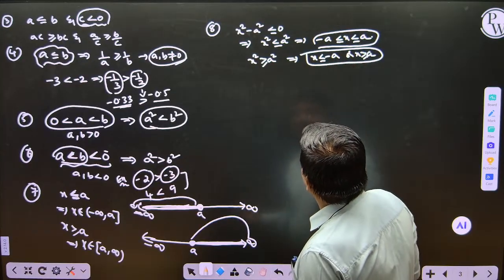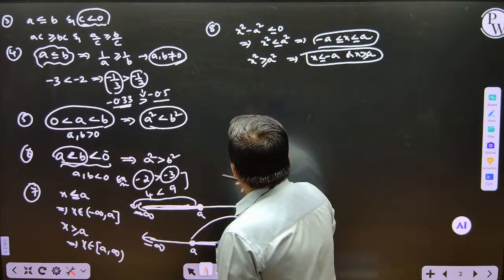If equality is not there, no need to consider it.